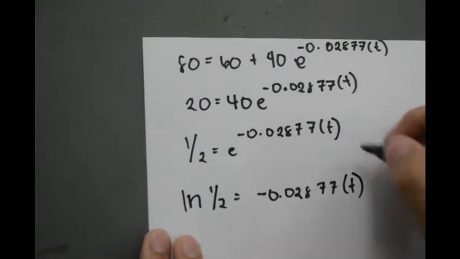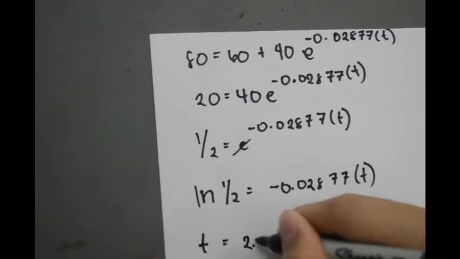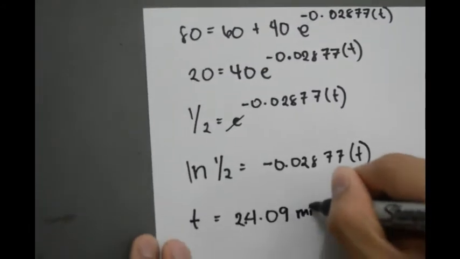We use ln to cancel the e. So, t is approximately 24.09 minutes.